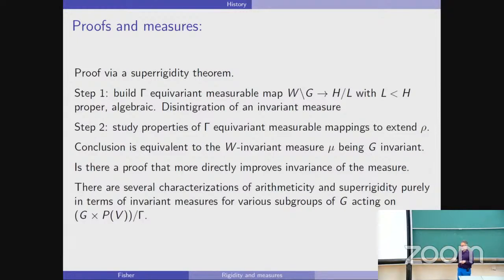I was just kind of obsessed with that while writing the talk and the paper, and so there are some in there. I don't know if I found the right ones or the best ones or the most useful ones. It was more a proof of principle that you could characterize these things in terms of measures on this space. And in particular, it's a rather strange thing that non-arithmeticity can also be characterized by things on this space, and the characterizations are not what I expected.